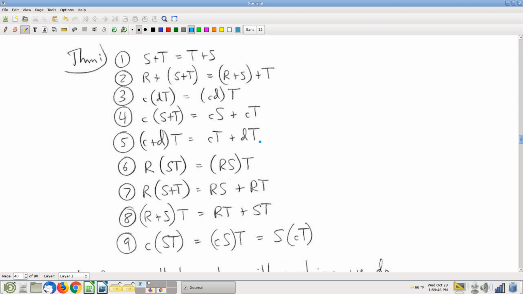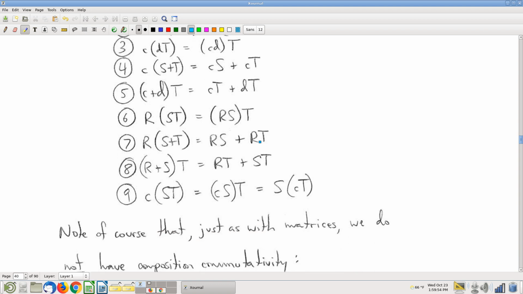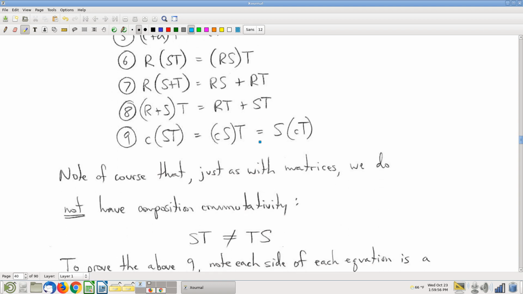I will call your attention to one conspicuously absent rule, and that is multiplication is not commutative. And that's a disappointment, right? Commutativity is pretty handy when you're talking about algebra of numbers. A times B is B times A. Well, of course it is. I mean, 3 times 5 is 5 times 3.